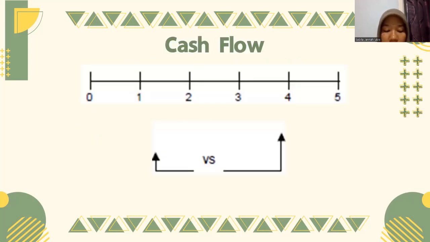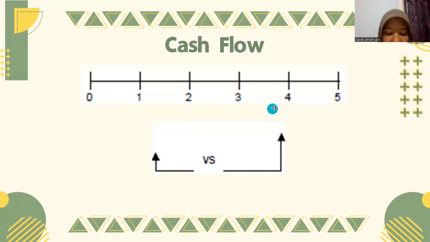In the first image on the screen, we can see the cash flow timeline. We assume the period to be a discrete period. The beginning of the period is denoted as 0, and in this picture, you can see the final period, namely period 5.